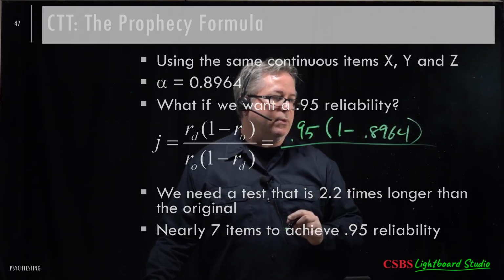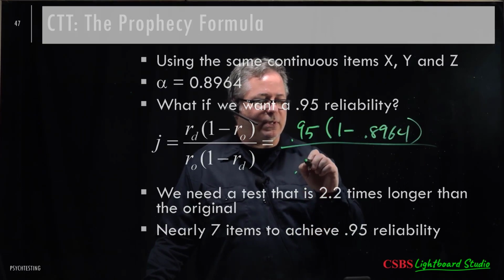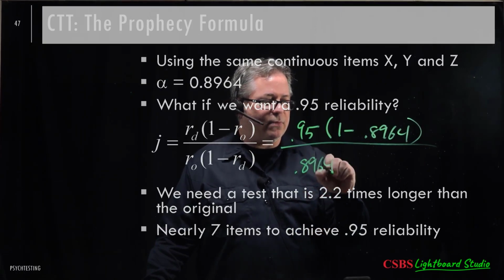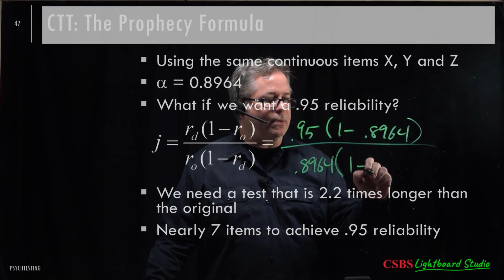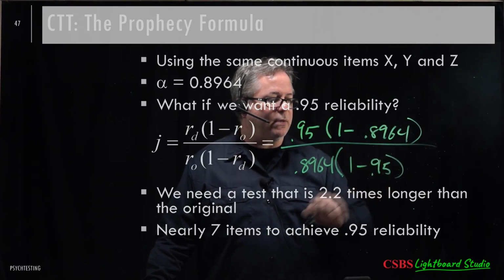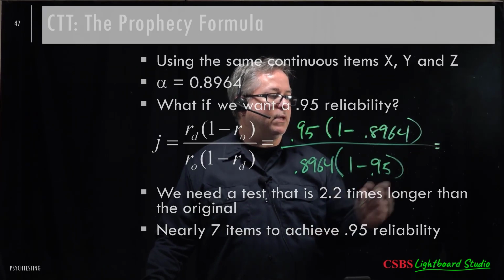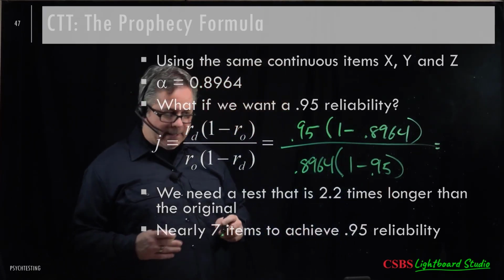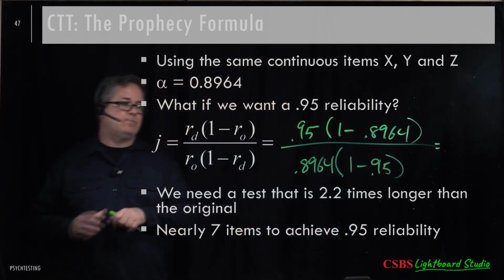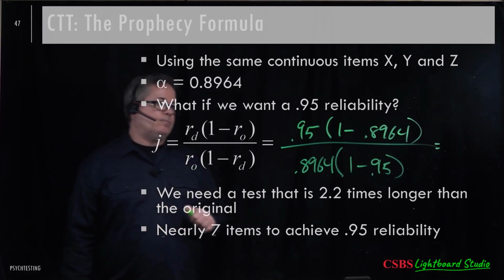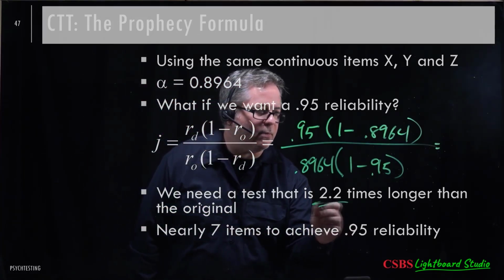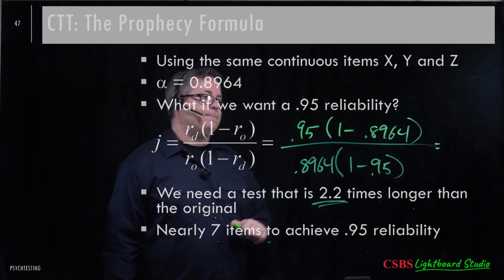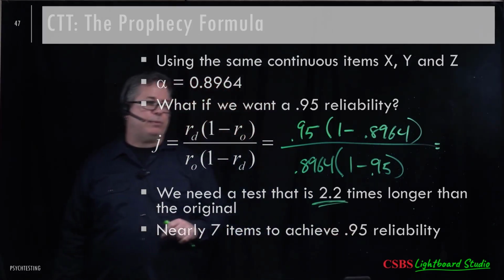And then on the bottom, 0.8964 times 1 minus 0.95, which is my desired reliability. If I do that, what do I get? Let's see if you worked it out. You get 2.2, I hope.